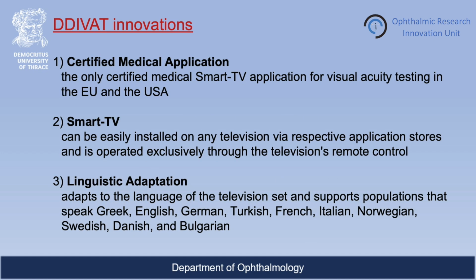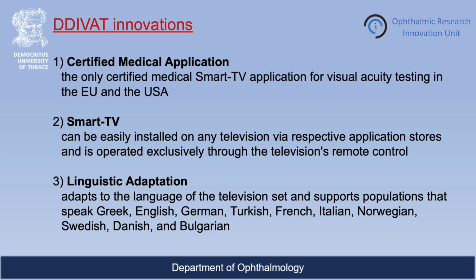DVAT incorporates a series of innovations that make it unique in the field of visual impairment prevention. Among these innovations are the following. First, DVAT is the only certified medical smart TV application for visual acuity testing in the European Union and the USA. All other similar applications, as far as is known until September 25, 2024, are unapproved lifestyle products.